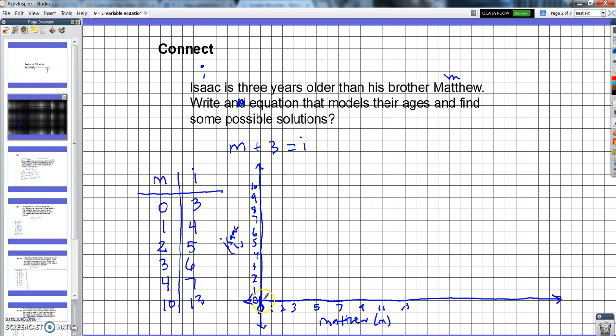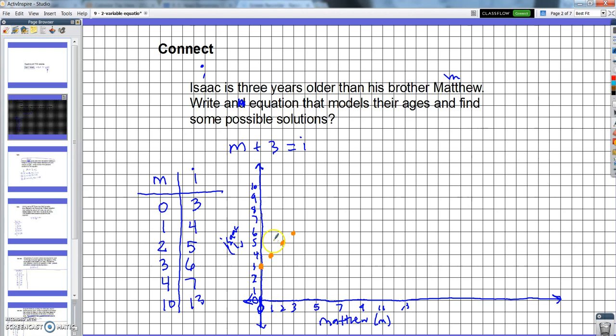And Isaac's age is 3, so I go up to here. I'm going to get another color. And then Matthew's age is 1. Isaac's age is 4. 2. Isaac's age is 5. 3. Isaac's age is 6.